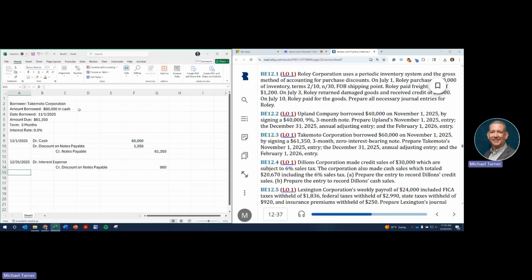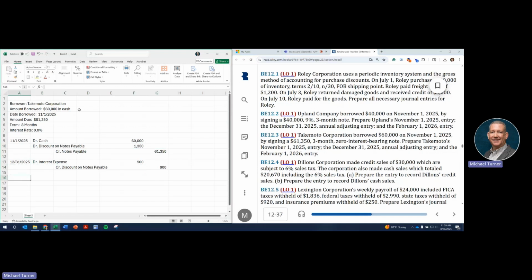And that amount is $900. So my interest expense is the same $900. I will debit interest expense for $900, which is 2/3, 2 months out of the total 3 months of the loan term in fiscal year 2025. Therefore, the cost of borrowing that $60,000, at least the portion that applies to 2025, is captured on the income statement for 2025.